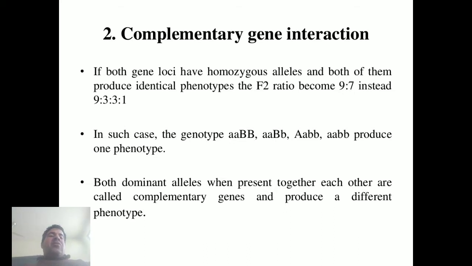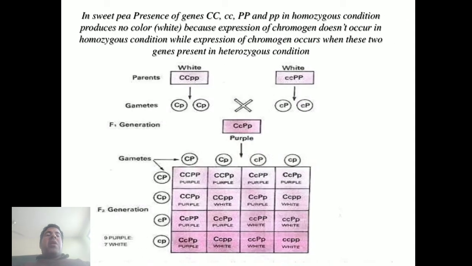In such a case, the genotypic AaBb hybrid produces only one phenotype. Both dominant alleles, when present together with each other, are called complementary genes and produce a different phenotype. Means both genes are complementary for each other and produce a different type of phenotype.